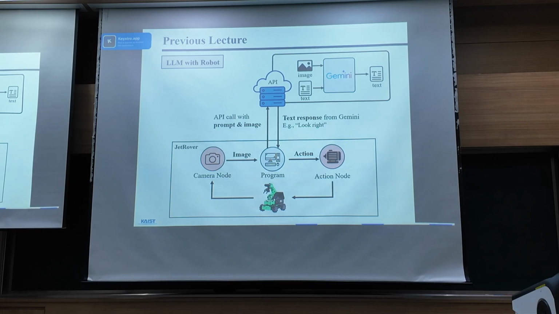We call that a topic. There's a camera node that's taking pictures, and it's sending images to a program. So this will be the publisher, this will be the subscriber, and image will be the topic.